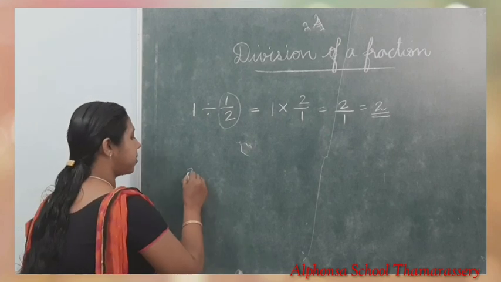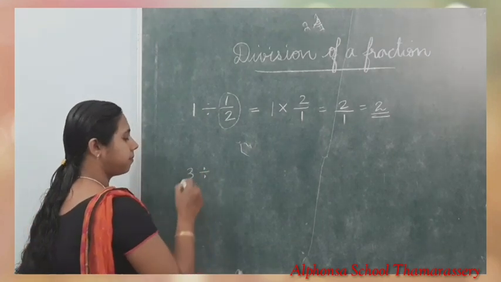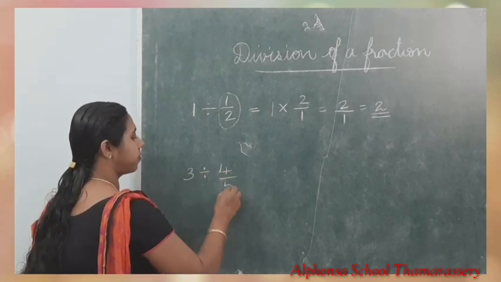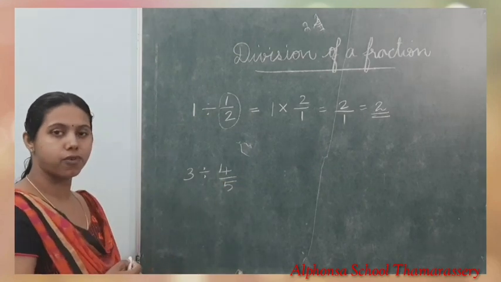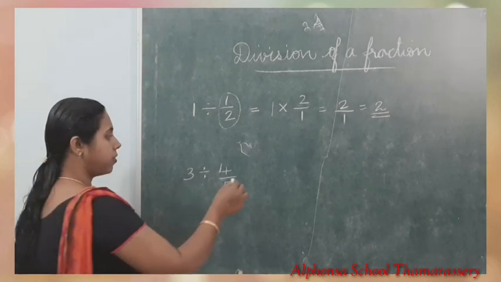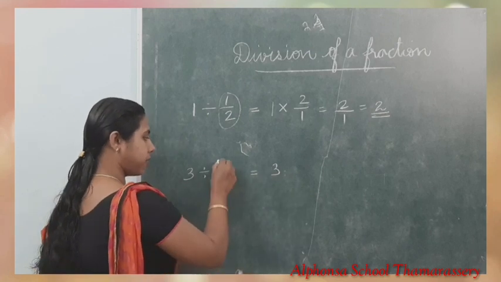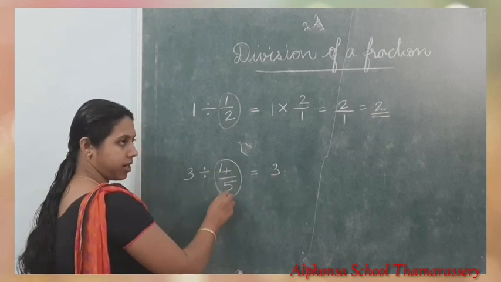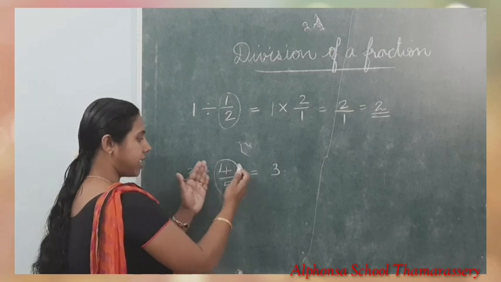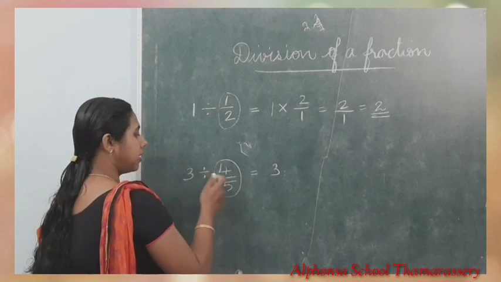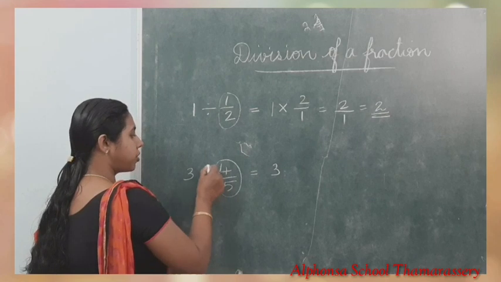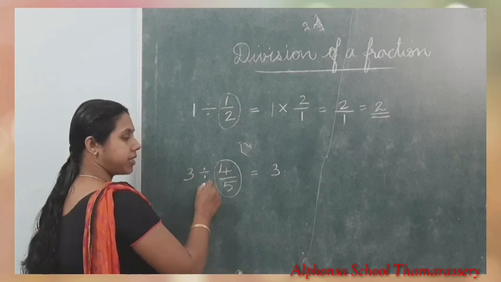See the next example. 3 divided by 4 by 5. You should take the reciprocal of the second fraction, that means the right hand fraction. And when you take the reciprocal, you should change the division sign.